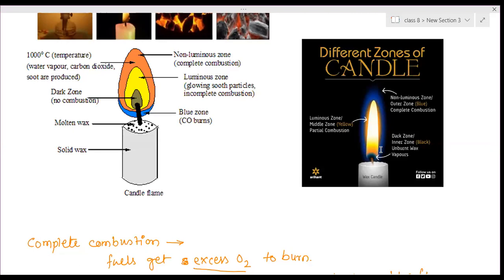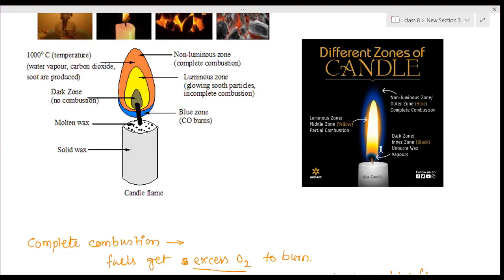Due to complete combustion, a large amount of heat energy is produced, so heat energy is more and light energy is very little. Therefore it does not produce light, and this zone is called the non-luminous zone. Luminous means light producing.